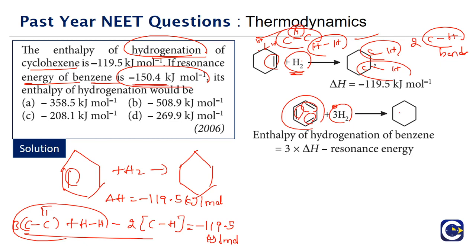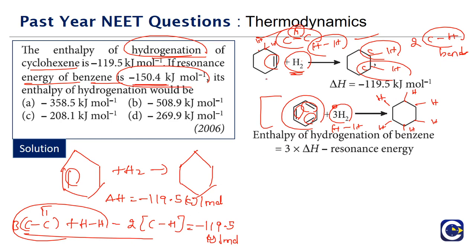In the cyclohexane, in place of 3 carbon pi bonds and 3 hydrogen bonds, what are we getting? After adding 6 hydrogens, we will simply get 6 extra carbon-hydrogen bonds.